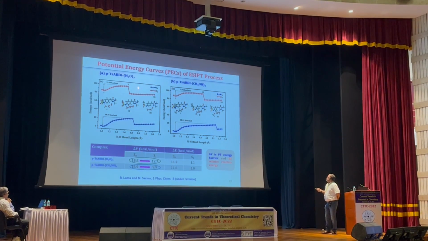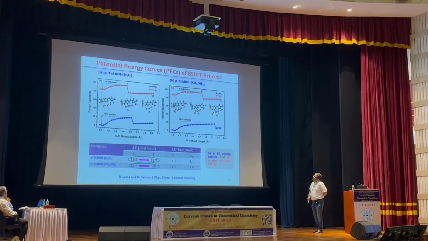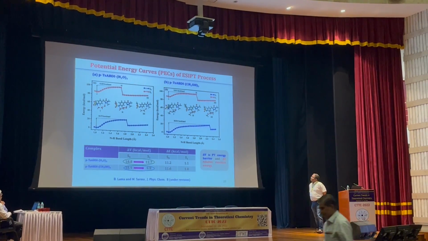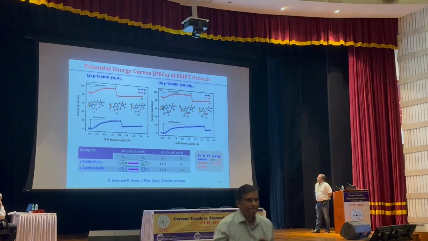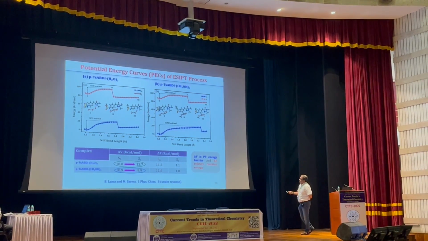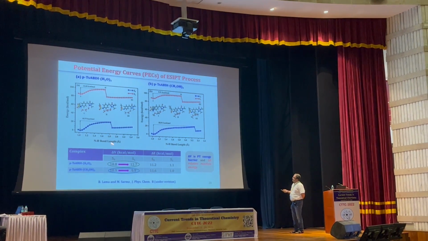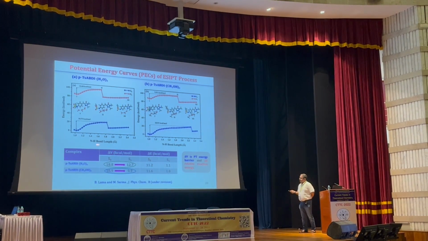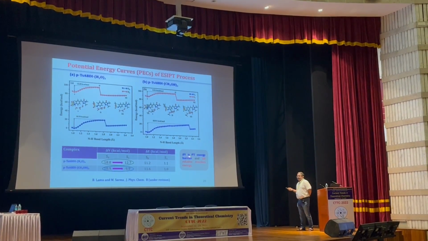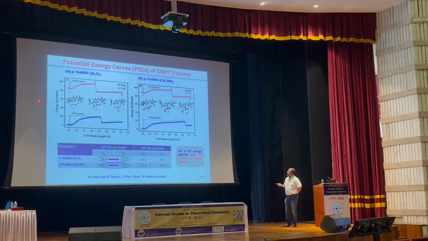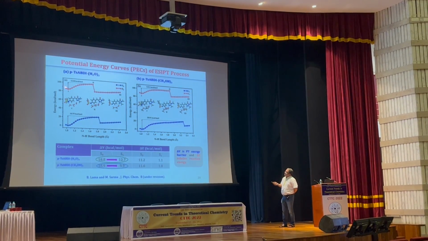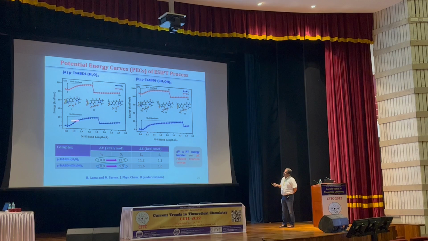Then we calculated the potential energy curve of this excited state intermolecular proton transfer process. As you can see, here we have calculated 2 properties. One is delta V, which is the proton transfer energy barrier, that means the difference between this and this, this and this.